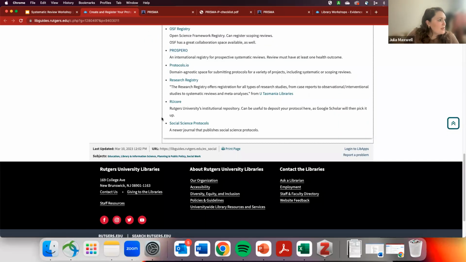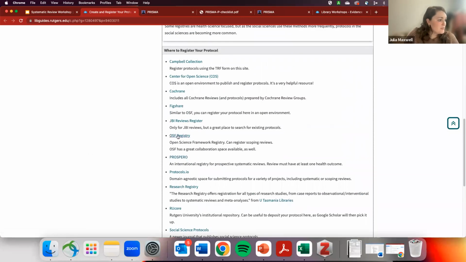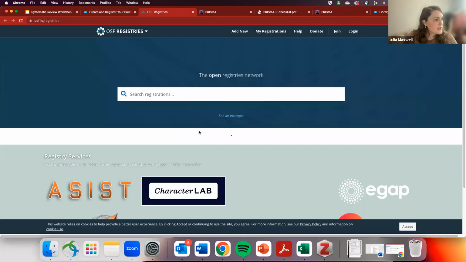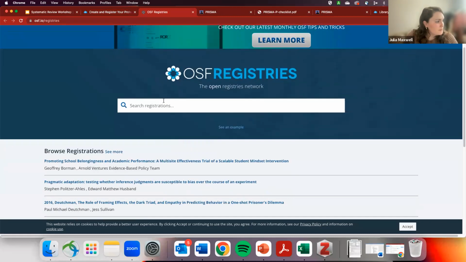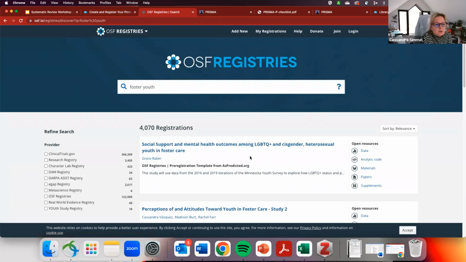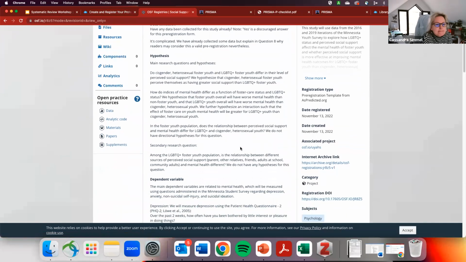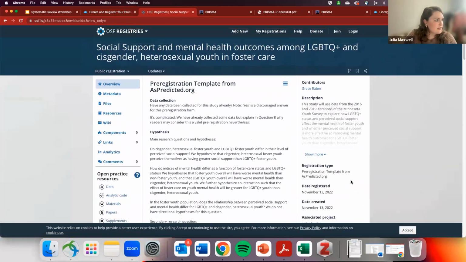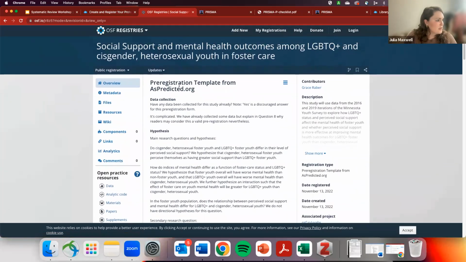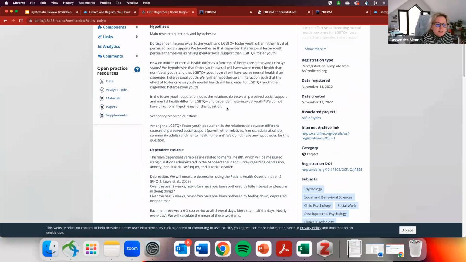A couple others that I'll mention: OSF is one of my favorites. That's the Open Science Foundation registry. I'm just going to search our topic. So we can see this is their registration here. Can you register, or should you register, for more than one registry?